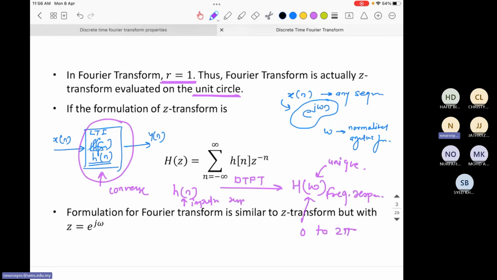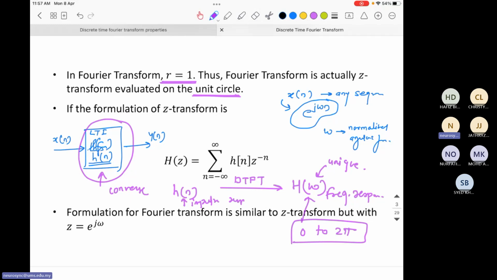This is the region for the system. So omega is a unique space only over the interval from 0 to 2 pi. In any interval of 2 pi, omega is defined.